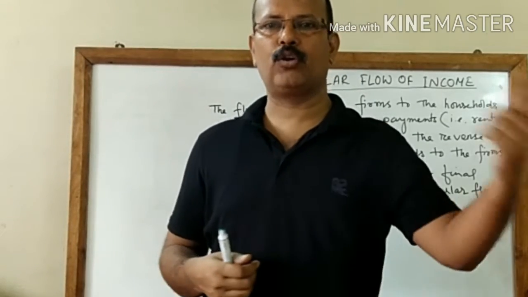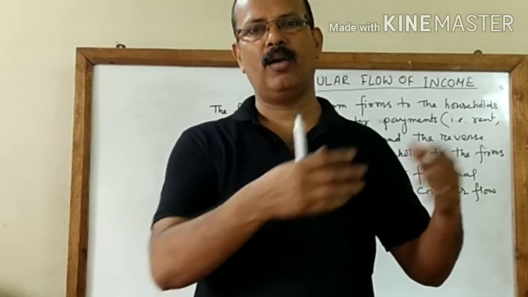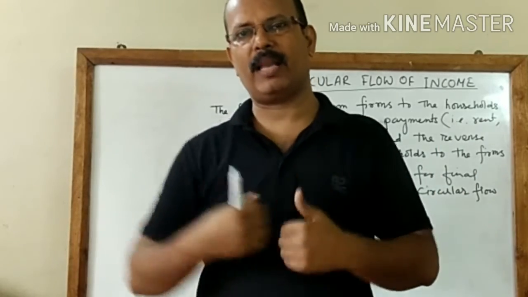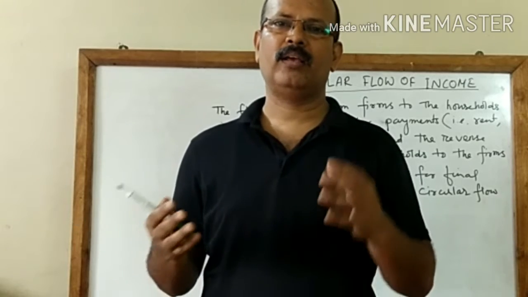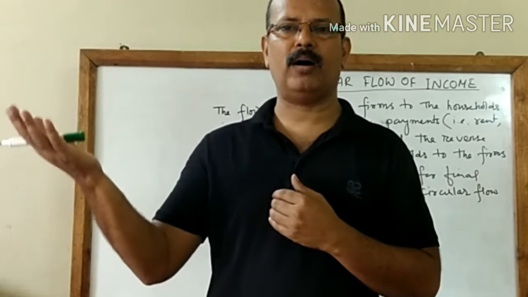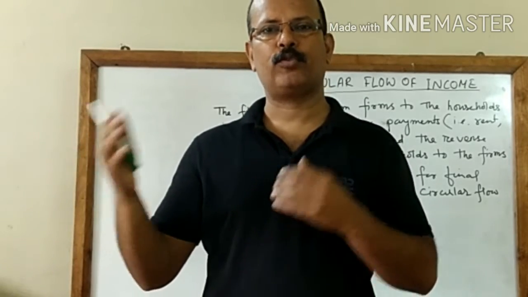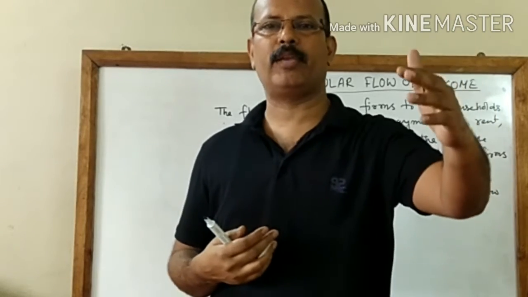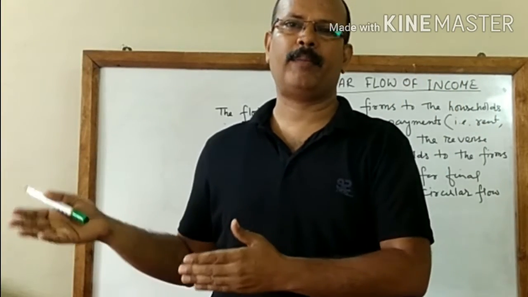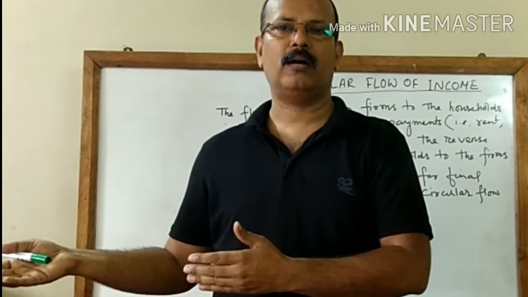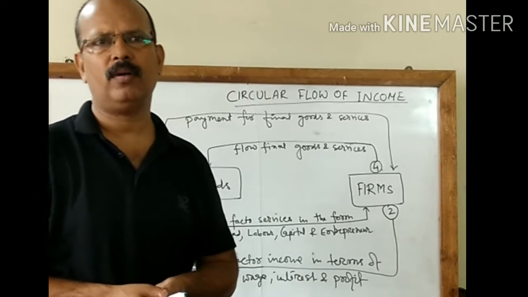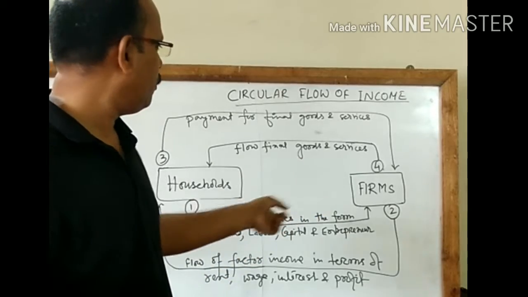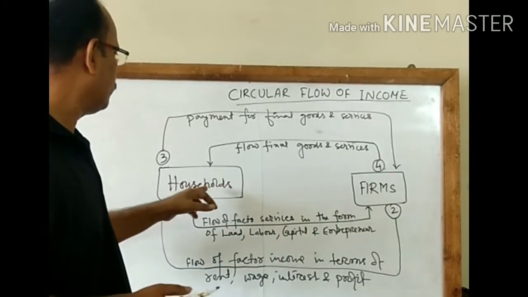In the next round, I will go to the market and purchase goods and services, and the money will go back to the farms again. Say for example, I have earned the income from academic institutes. The same income will go back to the academic institutions in the form of, say, payment for my children's tuition fee.